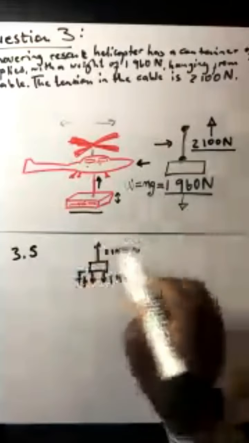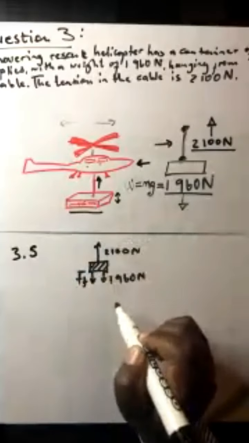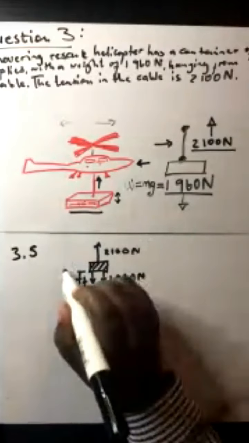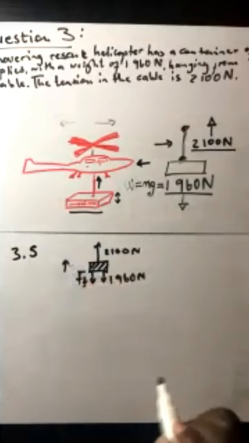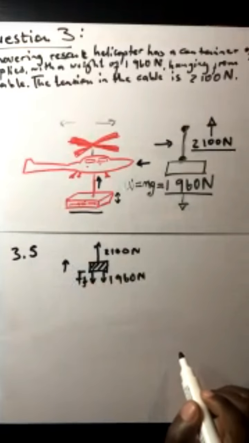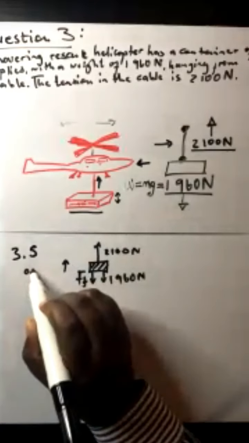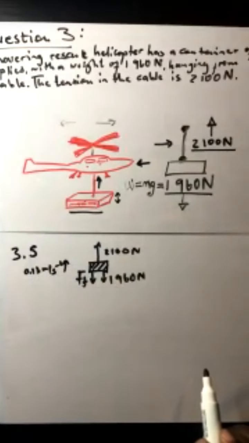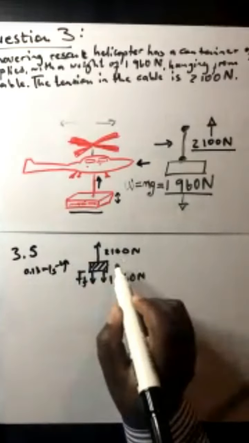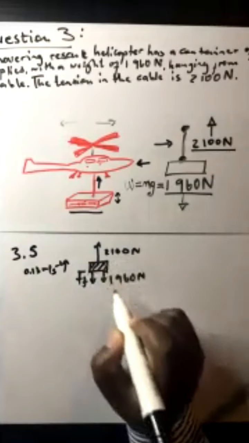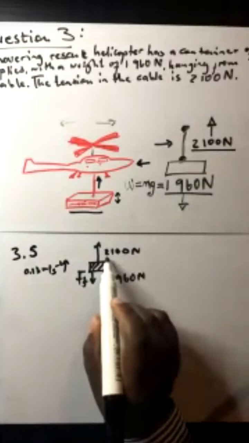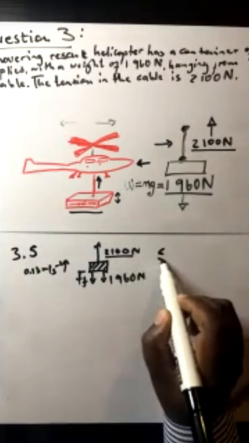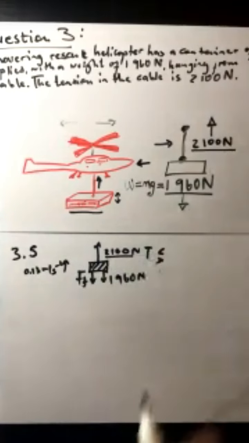And with all of this the container was not moving, but now suddenly it's moving at an acceleration of 0.13 meters per second squared. So the question is, the tension in the cable when this container moves, is it the same as that, or is it less, or is it greater? I'm talking about the tension.